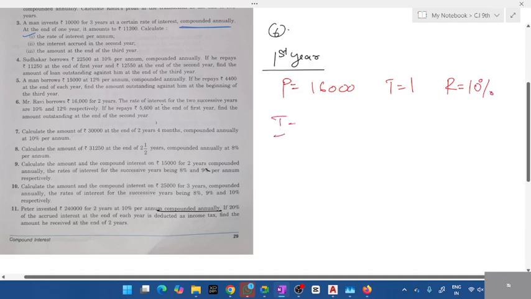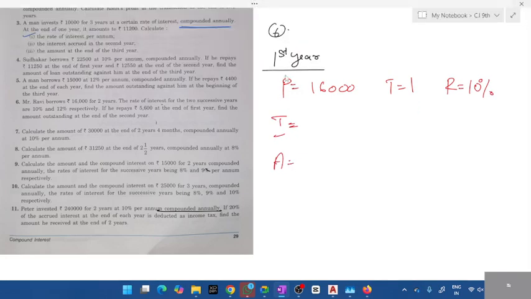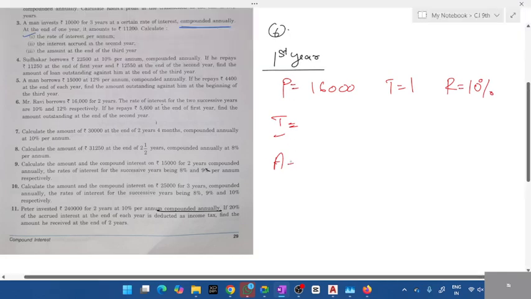Calculate interest, calculate amount, then repayment. These three things you have to calculate step by step: interest, amount, repayment. Complete this.